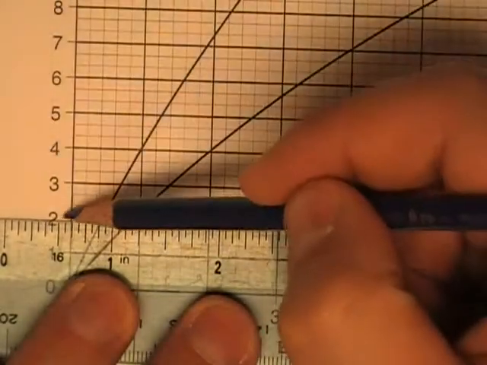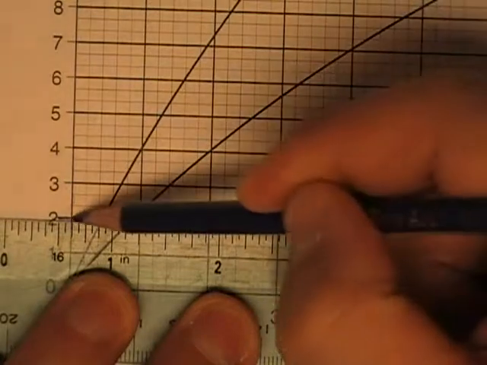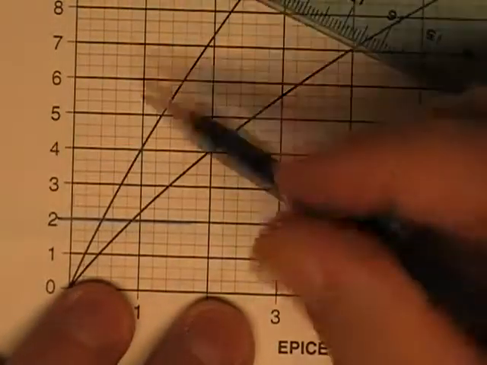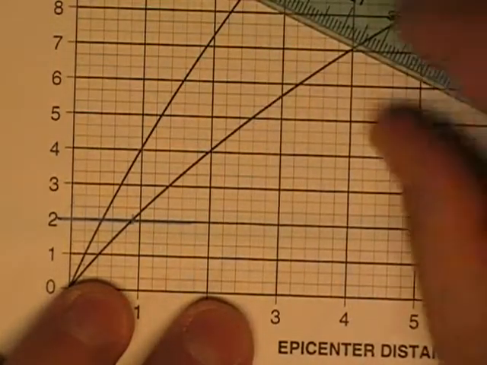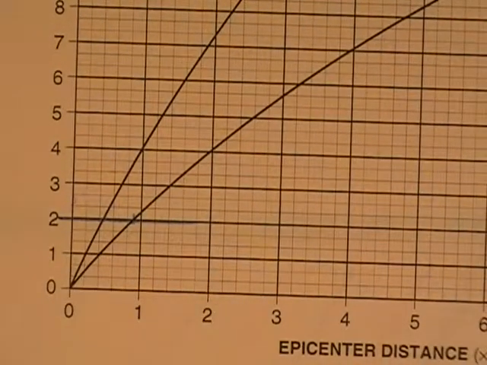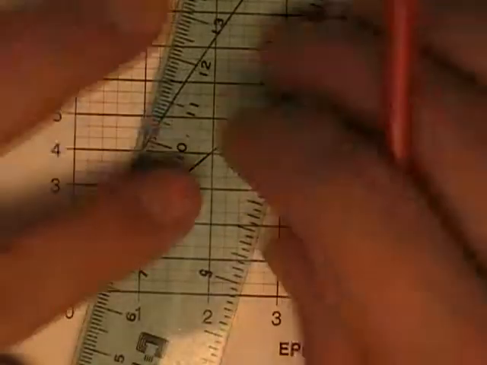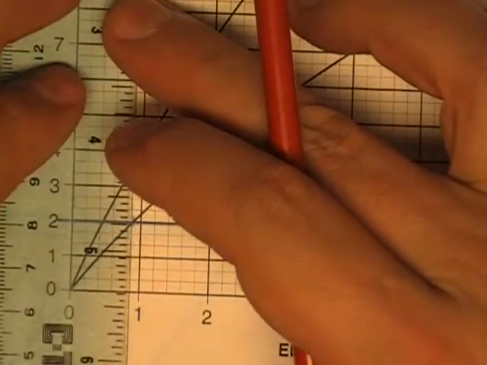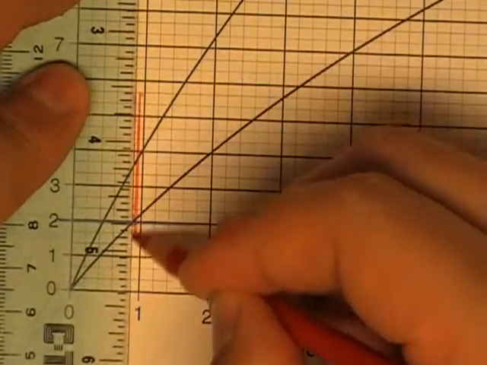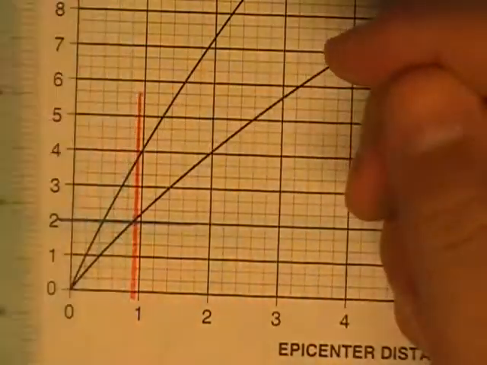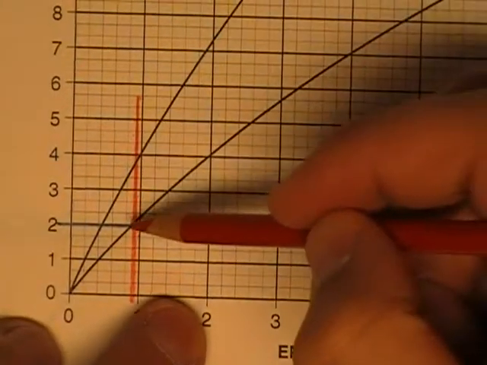I'm going to draw an imaginary line. It crosses the P line right here. So that's where my vertical line representing that particular earthquake has to go. So it crosses the P line here.